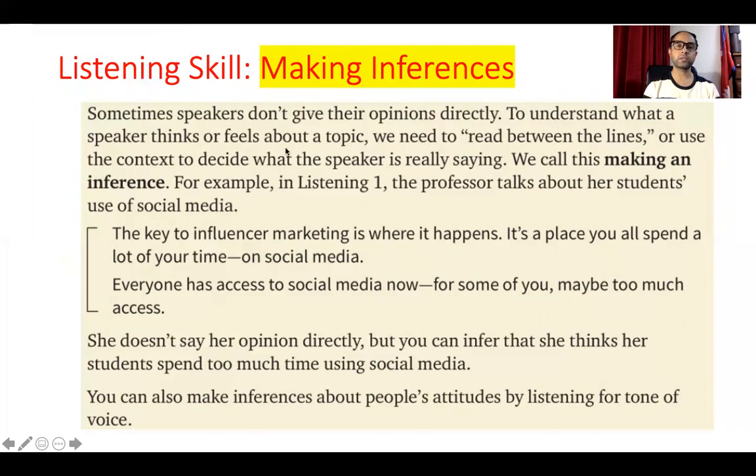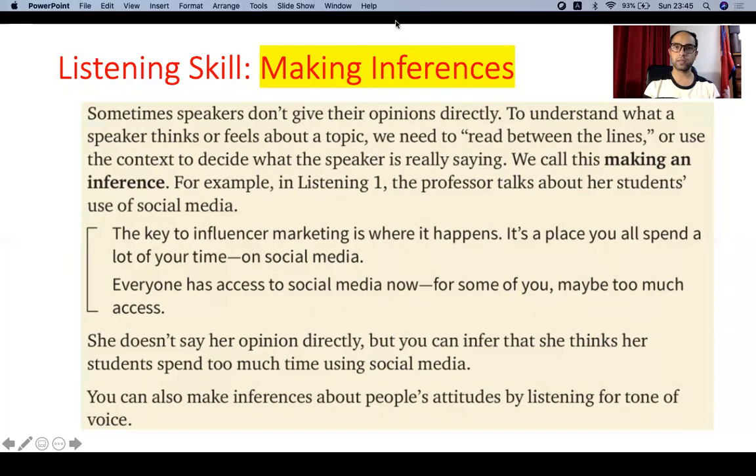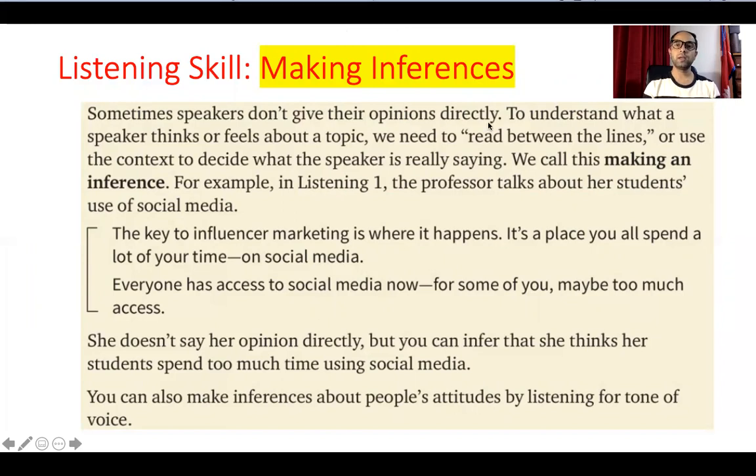To understand what a speaker thinks or feels about a topic, we need to read between the lines. That's very important. Actually, in listening, we have to listen between the lines, or use the context to decide what the speaker is really saying. We call this making an inference.